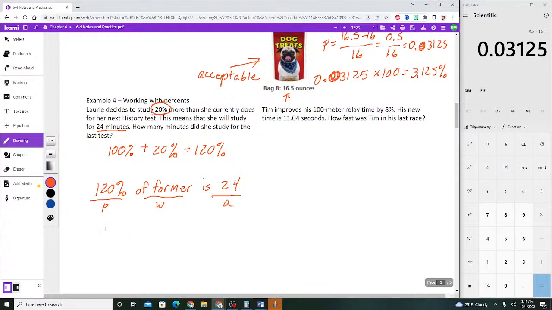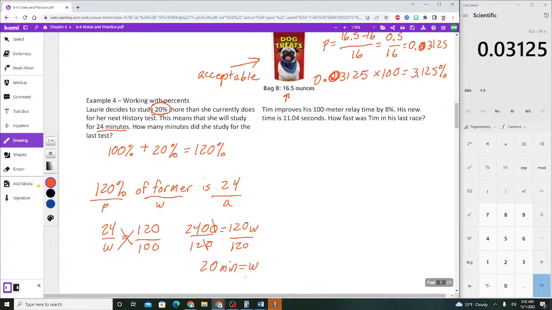I'm going to do this one by proportion because I feel like it. So 24 over W equals 120 over 100. We cross multiply. That gives us 2400 equals 120 W, divided by 120. That's going to give us 20 minutes.